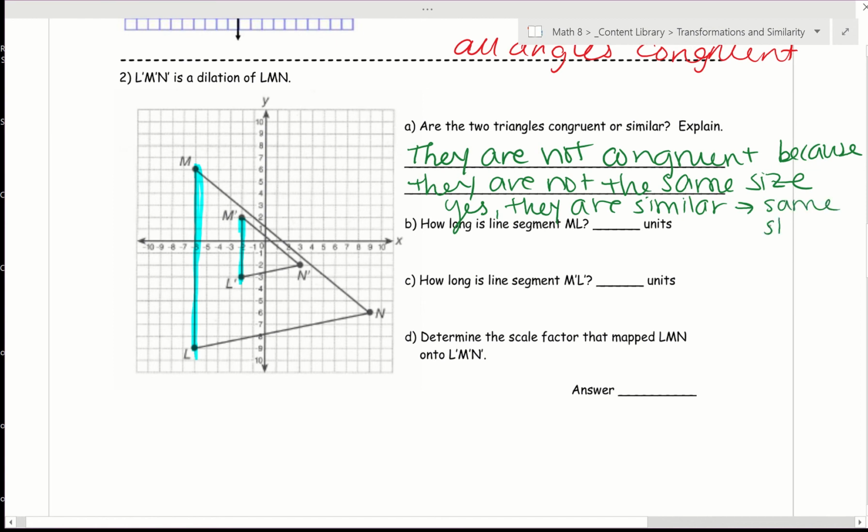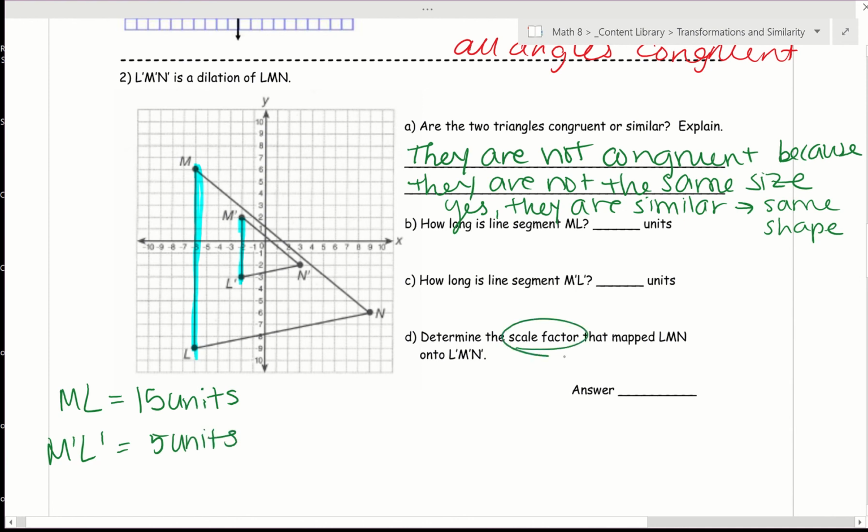Same shape. So how long is line segment ML? Let's count. 1, 2, 3, 4, 5, 6, and 1, 2, 3, 4, 5, 6, 7, 8, 9. So 9 plus 6, that is 15 units long. So ML is 15 units long. M prime, L prime, let's see, is 1, 2, 3, 4, 5 units long.